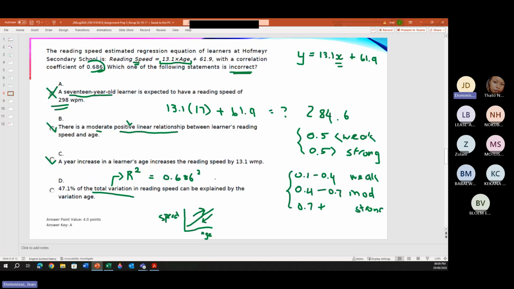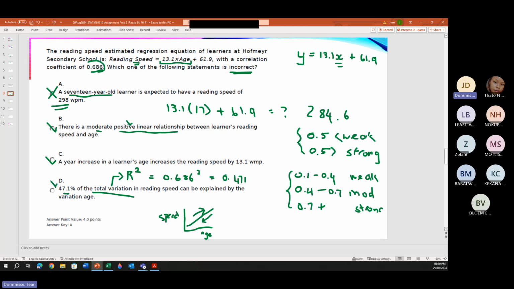Let's work that out. So if we say 0.686 to the power of 2, we will get 0.471, sorry, and then if you put that into a percentage, you will get 47.1%.